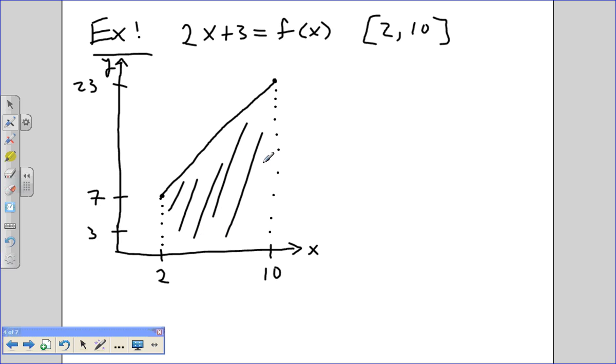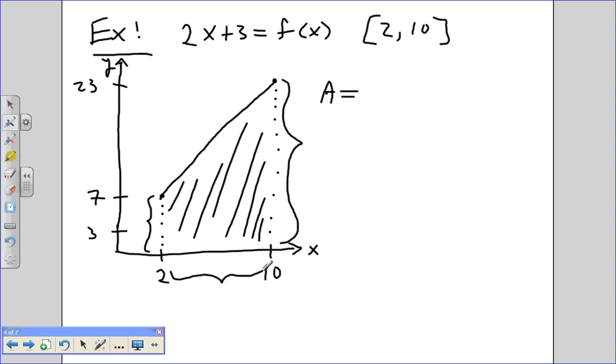And that area is really the area of a trapezoid. The average of the two heights times the length of the base, or the average of the two bases times the height, depending on how you want to look at this. So that's 7 plus 23 divided by 2 times 8, and that is equal to 120, which is exactly what we said the area was.